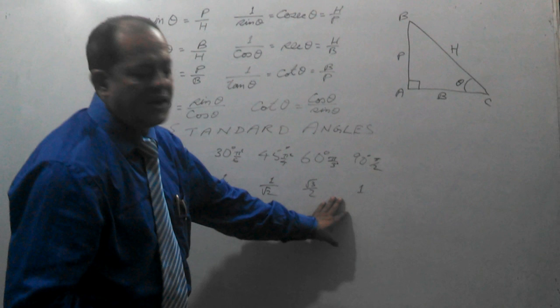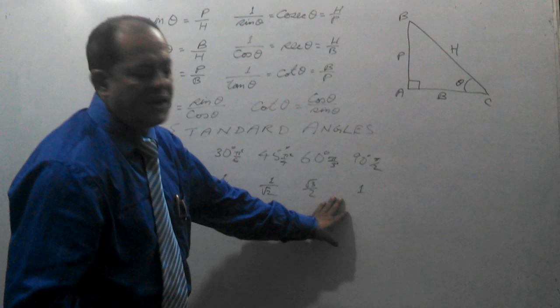Now we will assume something. Let A is equal to C plus D by 2 and B is equal to C minus D by 2. Therefore, A plus B is equal to C plus D by 2 plus C minus D by 2, which is equal to C plus D plus C minus D by 2.